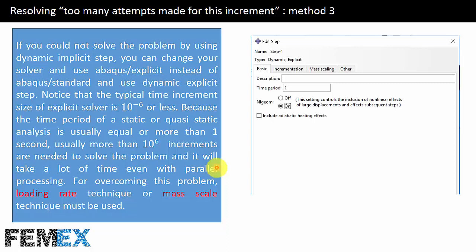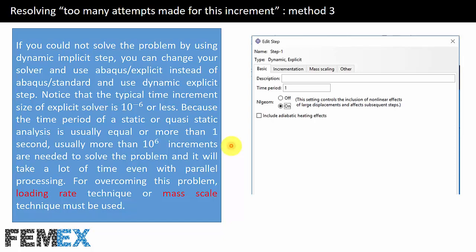But by using loading rate technique or mass scale technique, you can decrease the time of the simulation. The time of the simulation is not the time period. This is the cost of the simulation.